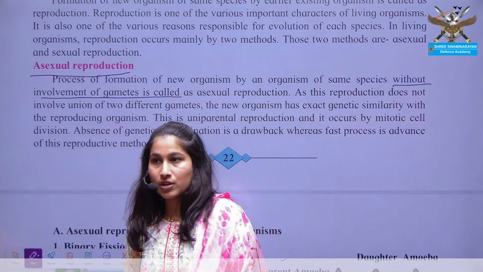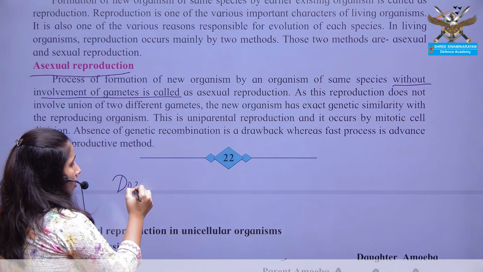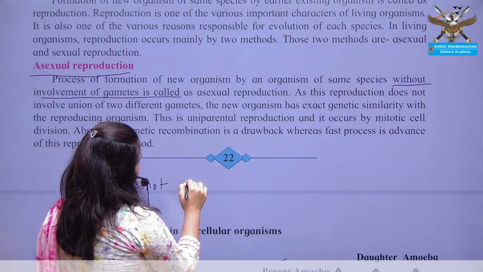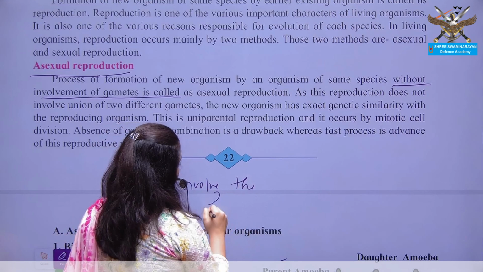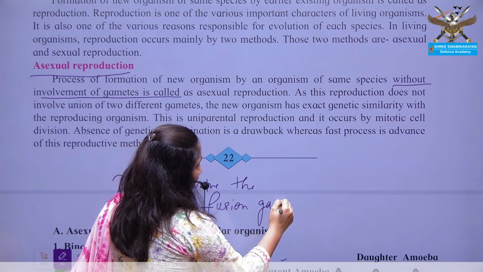So asexual reproduction does not involve the fusion of gametes. What are gametes then?